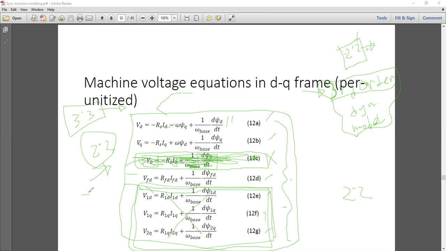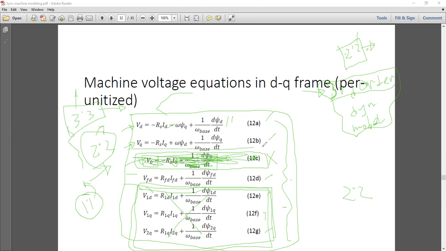If you are looking for 1.1, then what do you do? If it is the 1.1 model, then which part of this will be erased? Can you erase VD and VQ for any of the models, whether it is 3.3 or 2.2 or 1.1?